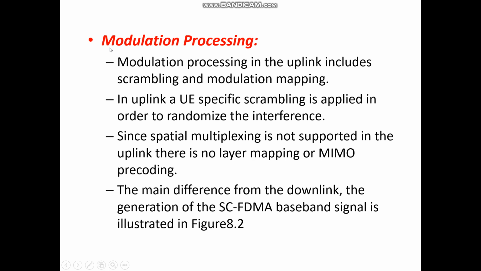Now the second part in this is modulation processing. Modulation processing in the uplink includes scrambling and modulation mapping. Here you need to remember, scrambling is like a pre-coding where the electrical signal representation of the bit stream is coded. That is, you have studied line codes.